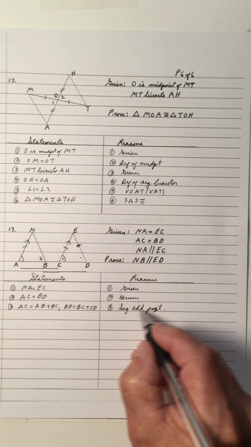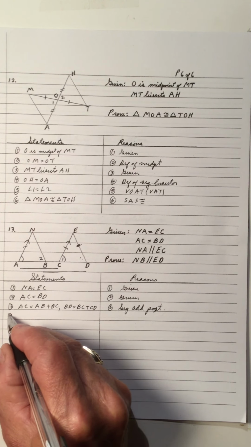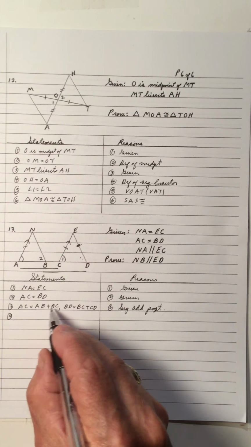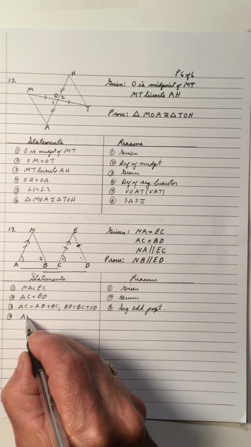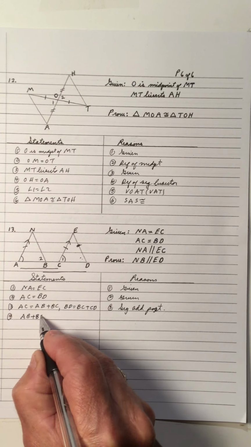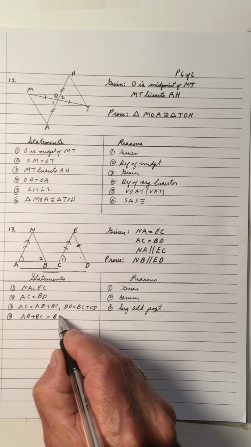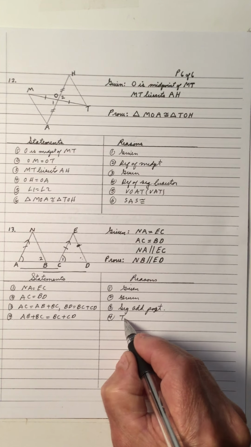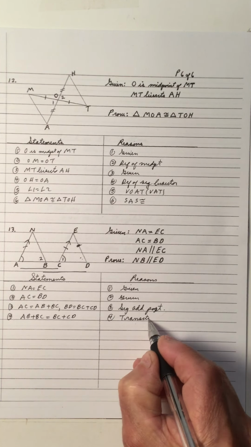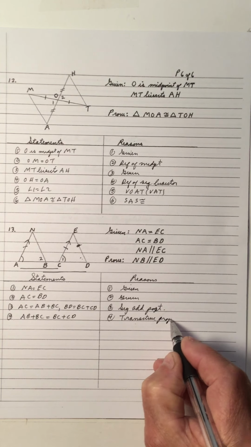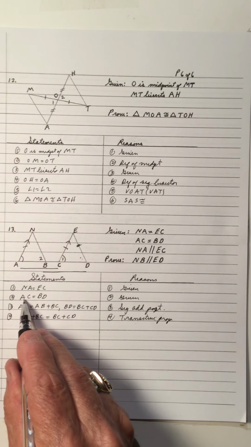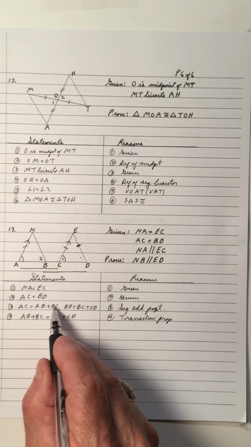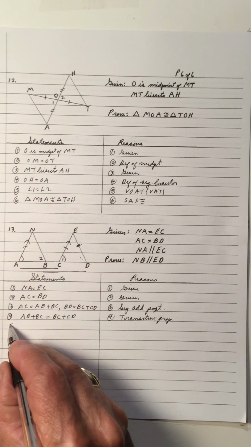If I can spell postulate correctly. Number 4, we have AC equals BD, and there they are, so that means that AB plus BC is equal to BC plus CD, and that's the transitive property of equality. Again, AC equals BD, there they are right here. AC, BD, so these two added together must equal those two.